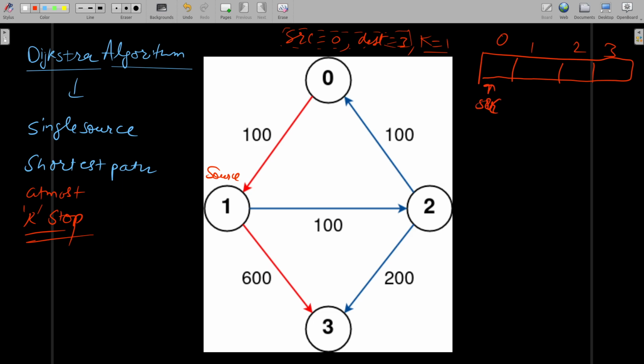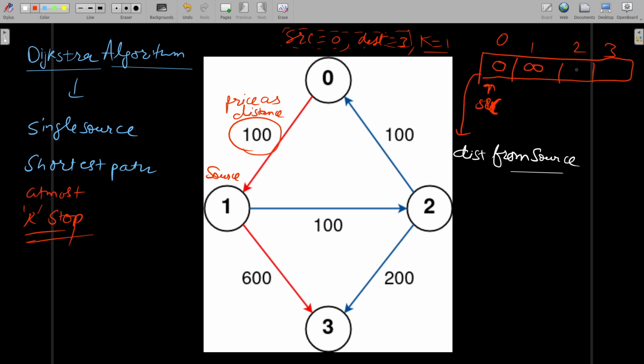Okay, so initially this array is distance from source, and we are taking price as our distance. So if you are initially on source, then your price or distance is 0, and for the very beginning, every node's distance from source will be considered as infinity.